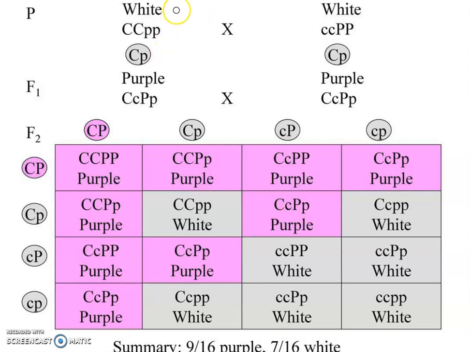See the example: white color flower producing plants. We take male and female plants, but their genotypes are different. The phenotypes are white color, and the genotypes are: in one plant there is capital C and recessive p, and in the other plant there is recessive c and capital P. So the condition is different.